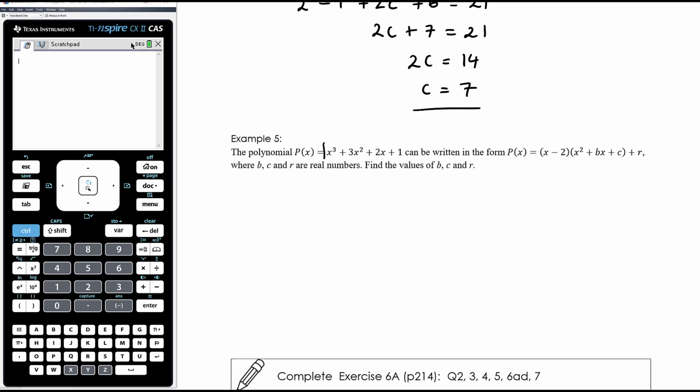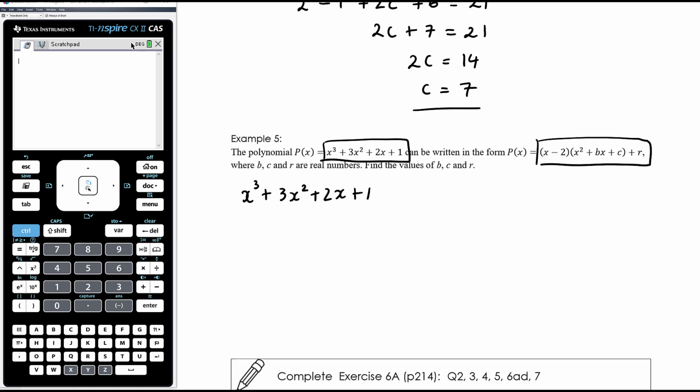So what we know is that this is equal to this. They are the same thing, okay? So we know that x cubed plus 3x squared plus 2x plus 1 is equal to x minus 2, times x squared plus bx plus c, and then plus r.